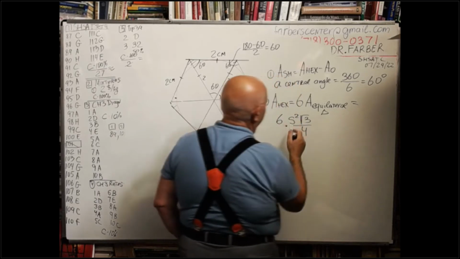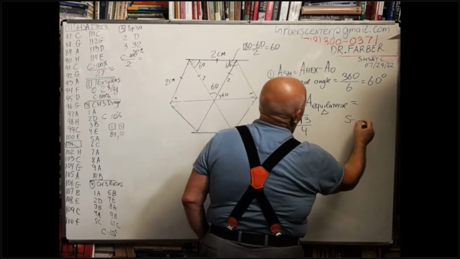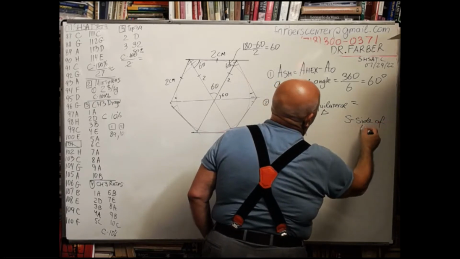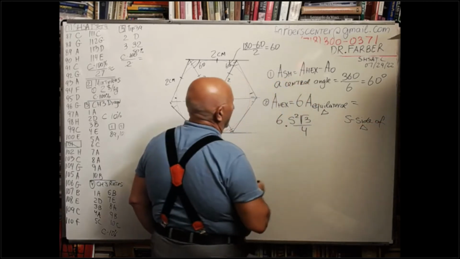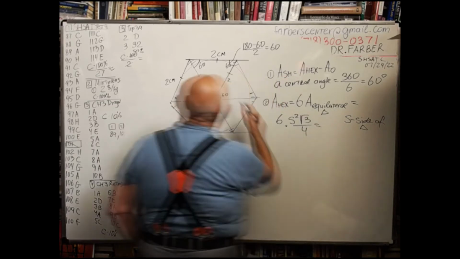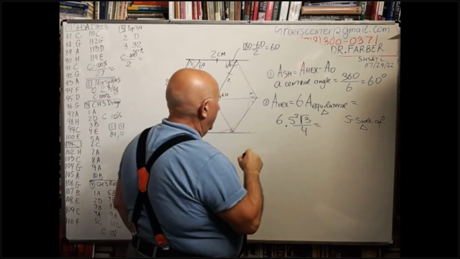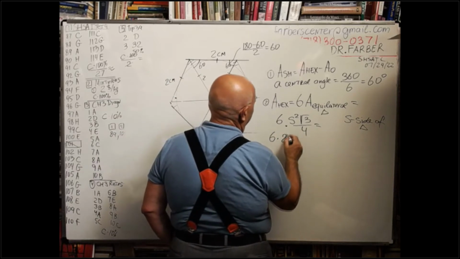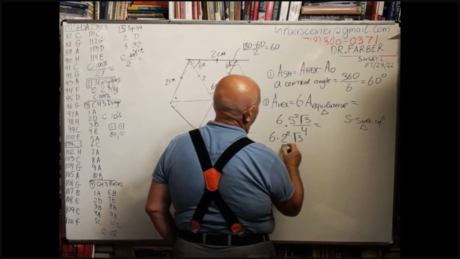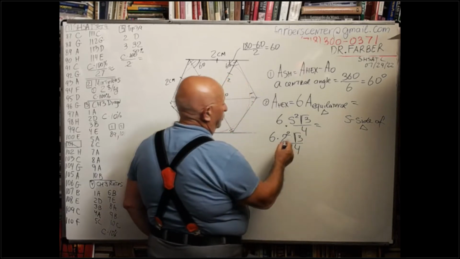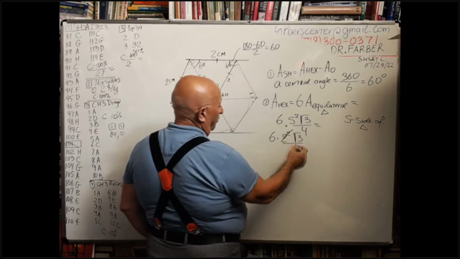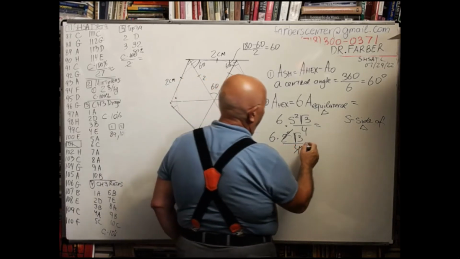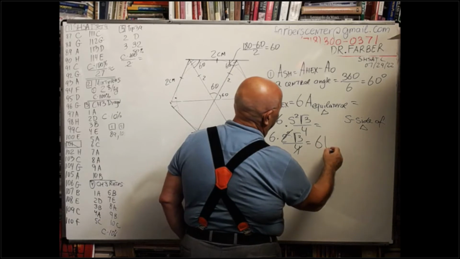And s, I just remind you, is a side of the equilateral triangle. In our case, every side equals 2. I can in one shot get this value: 6 times 2 to the second times square root of 3 over 4. 2 to the second is 4. 4 and 4 cancel out. And I get the area of hexagon 6 square root of 3.